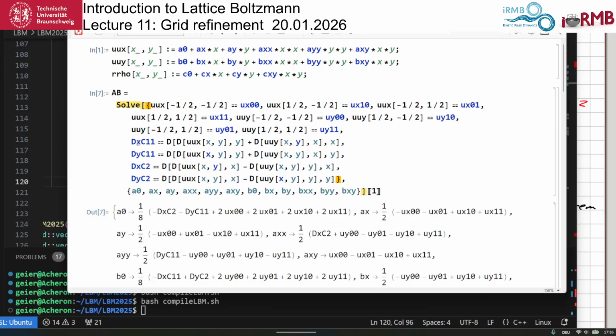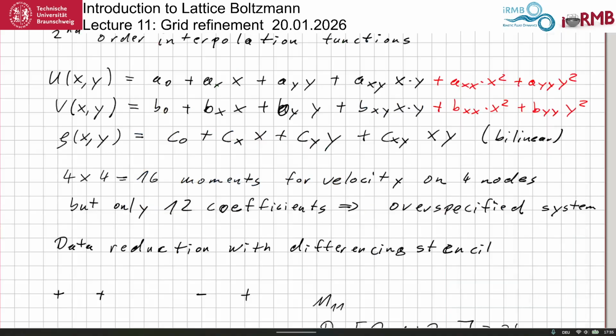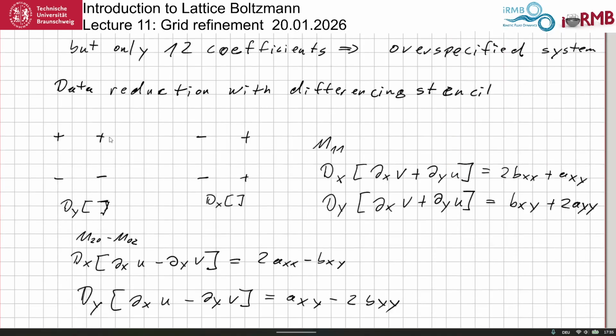So suppose we have this, we can take, this is supposedly these stencils here.